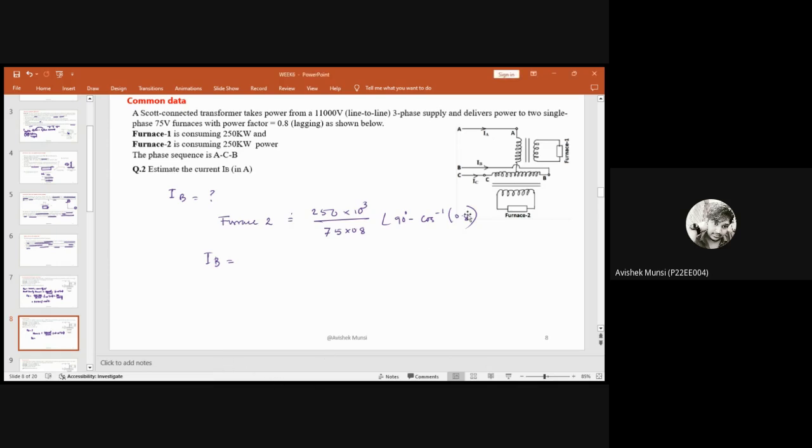The IB part should be solved in a similar way. Only the angle will be changed.